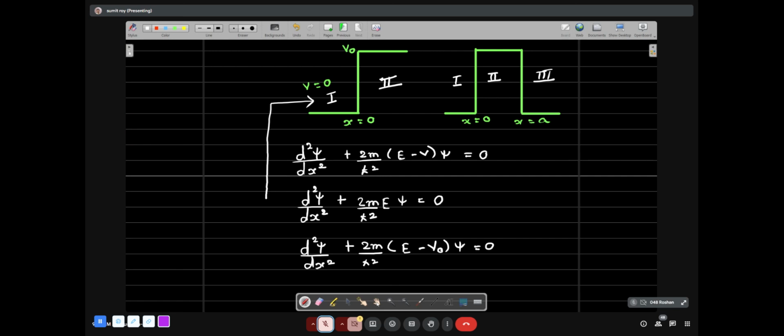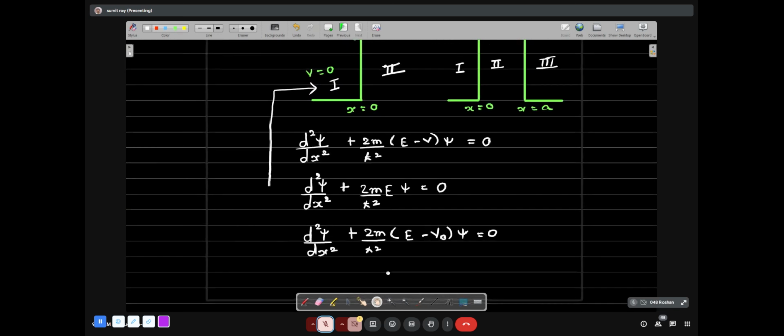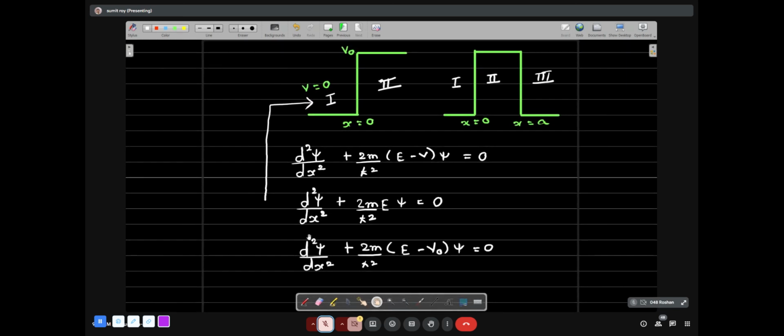Now, these two represent the variation of potential energy with x, this one and this one.